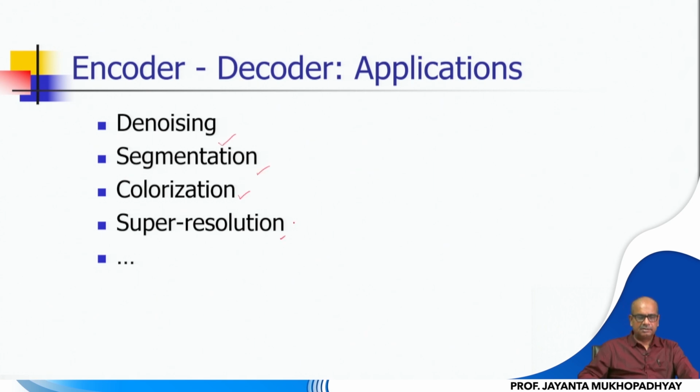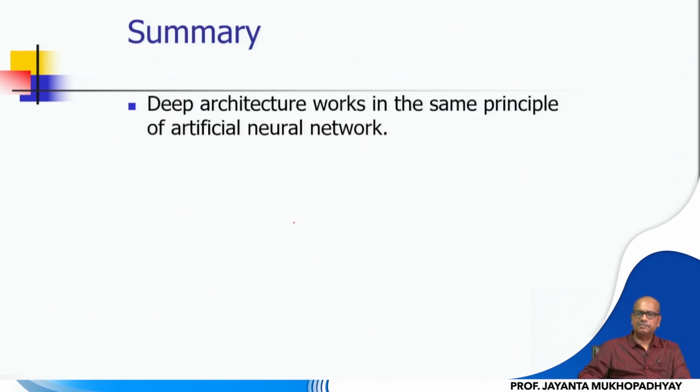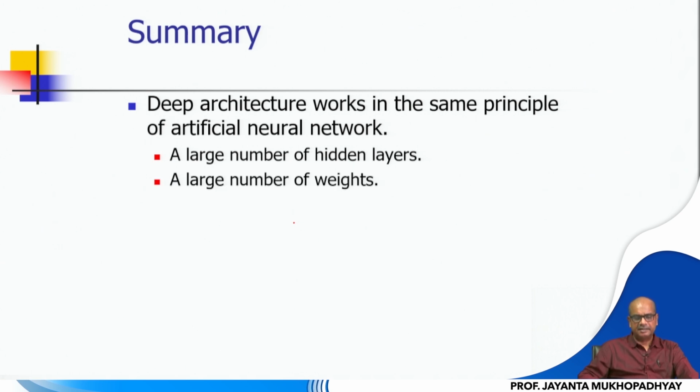So just to summarize, what we have discussed under this topic is that we considered the deep architecture which works on the same principle as an artificial neural network, and the characteristic is that it has a large number of hidden layers and of course a large number of weights. That means a very complex model with millions of weights in some cases.